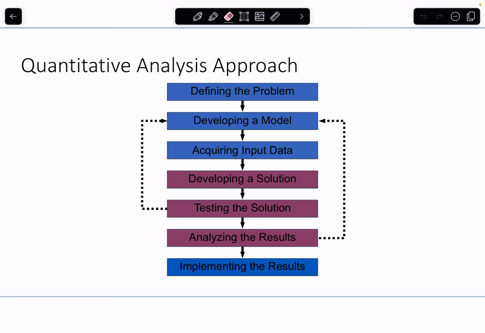So, for example, we were able to identify that this is the raw material that we will be using.